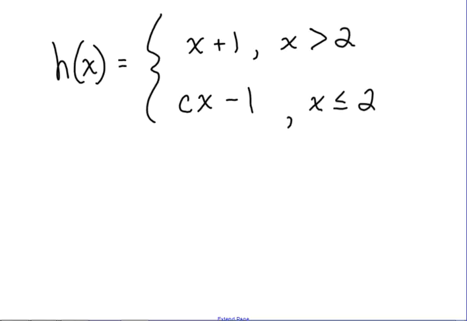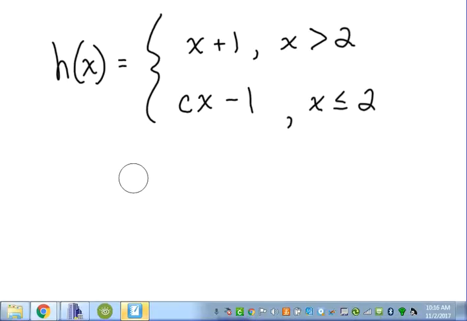We just plug 2 into the equation. 2 plus 1 is 3. So that means that our second piece has to equal 3 when our x value is 2.